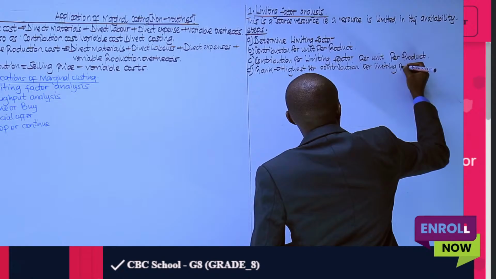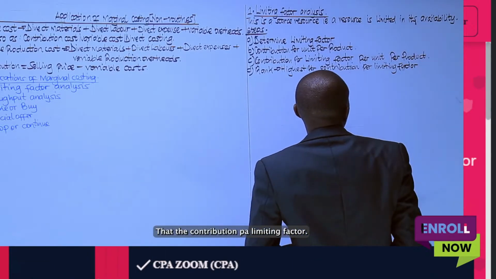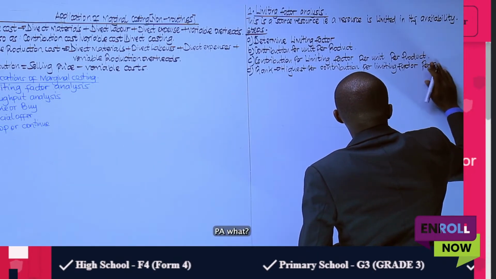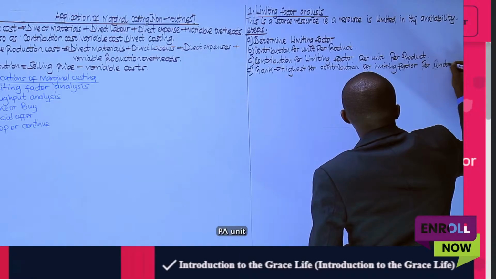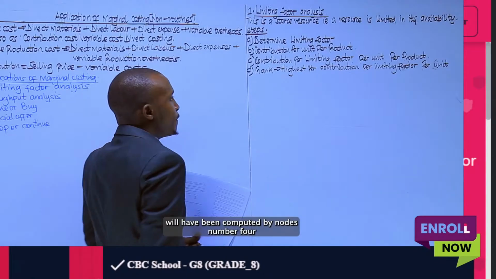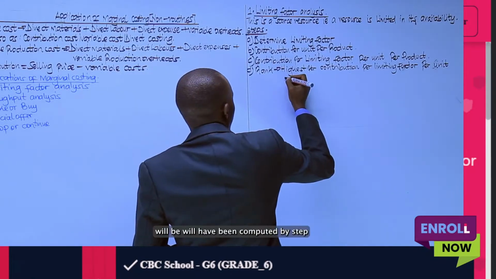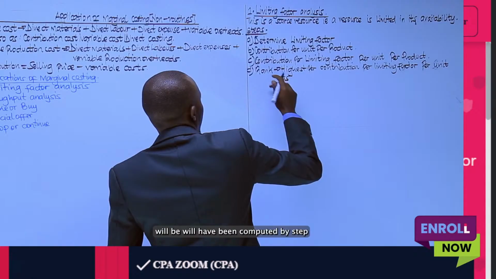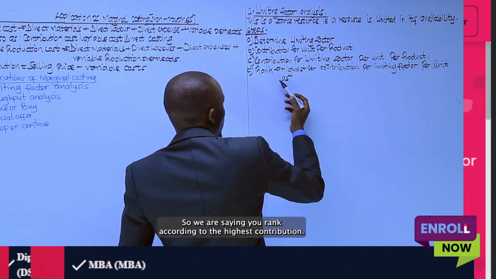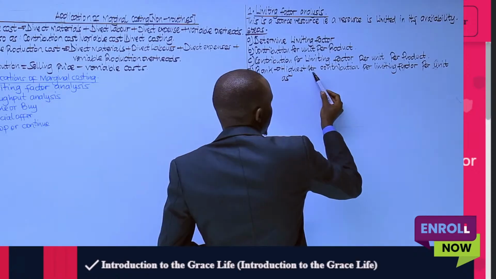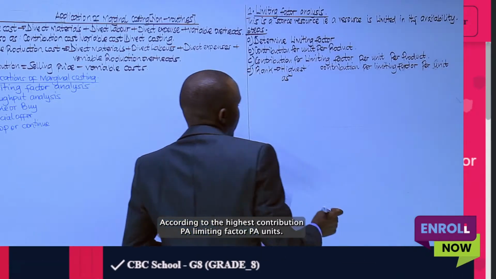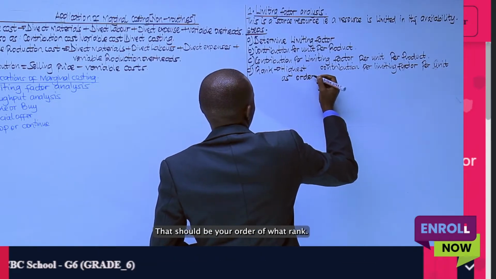And remember that the contribution per limiting factor per unit will have been computed by step number 3, not number 4. So we are saying you rank according to the highest contribution per limiting factor per unit. That should be your order of rank.